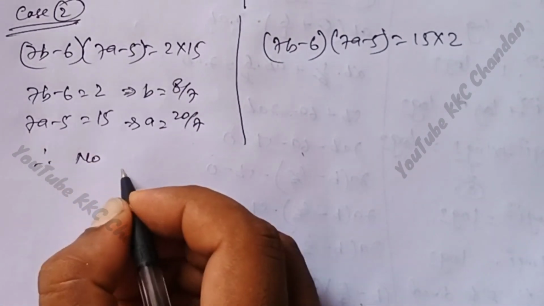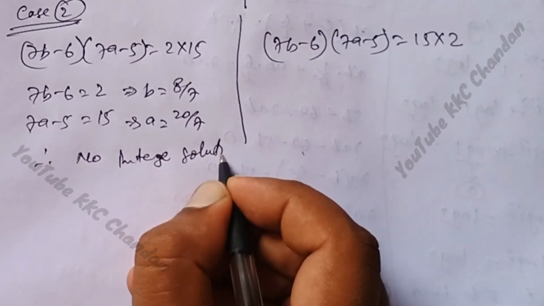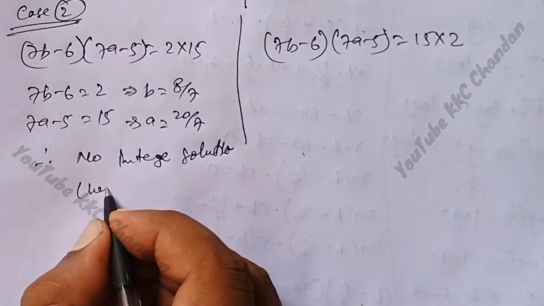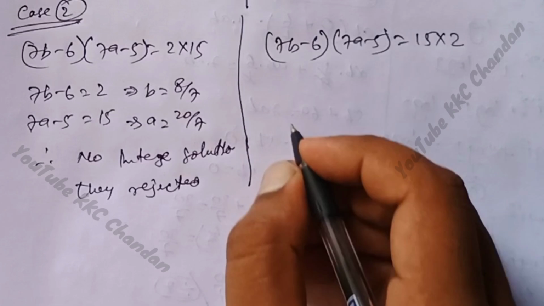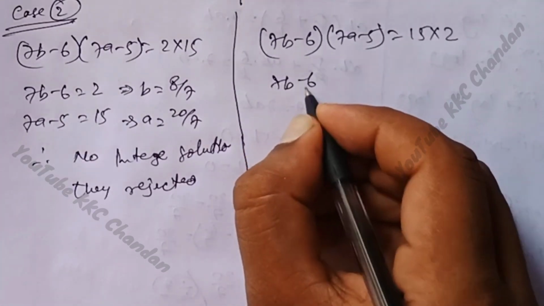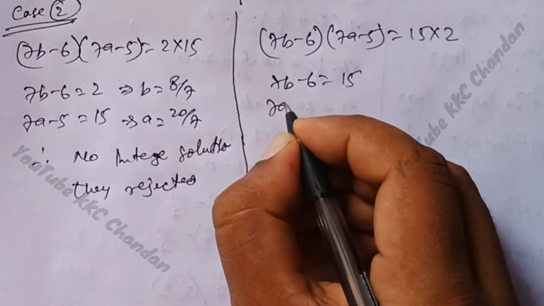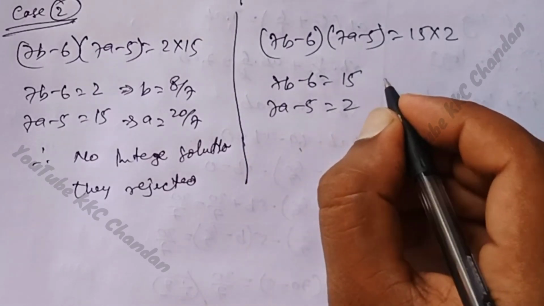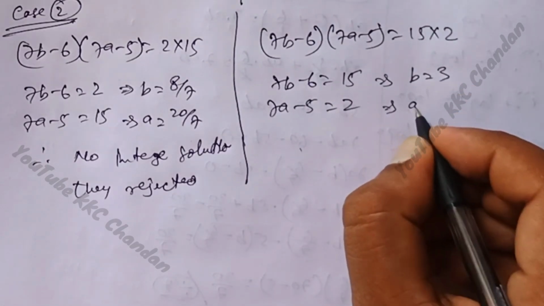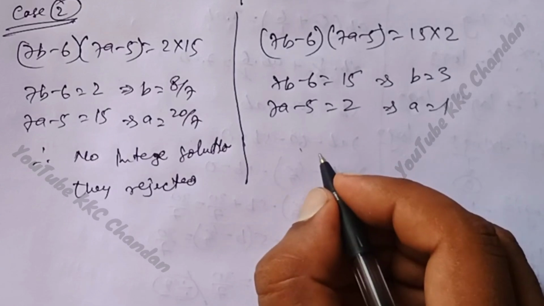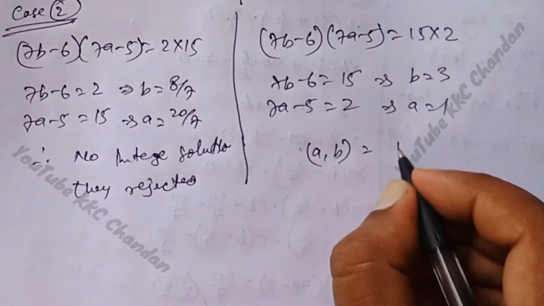Therefore, no integer solution. They will be rejected. Then 7b minus 6 is equal to 15 and 7a minus 5 is equal to 2. Here b value is equal to 3 and a value is equal to 1. So a and b values are 1 and 3.